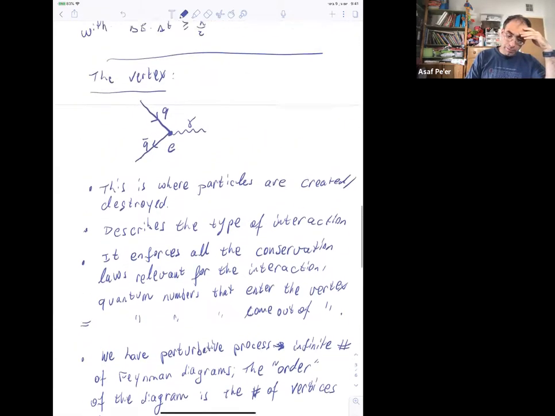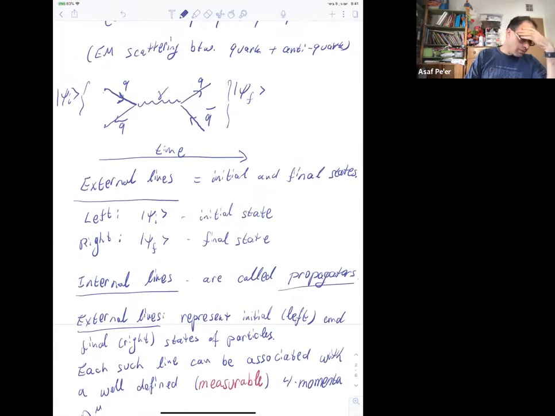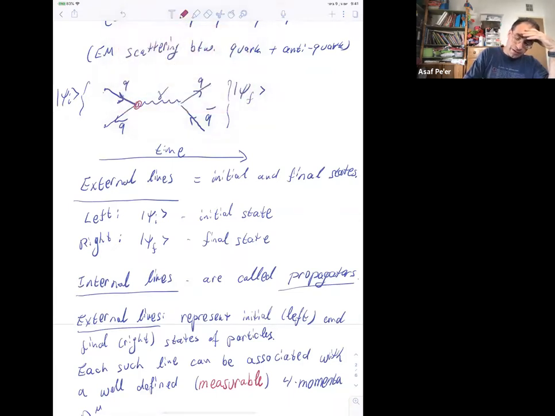So, in the example we had here, we have two electromagnetic vertices, one vertex and the second vertex.